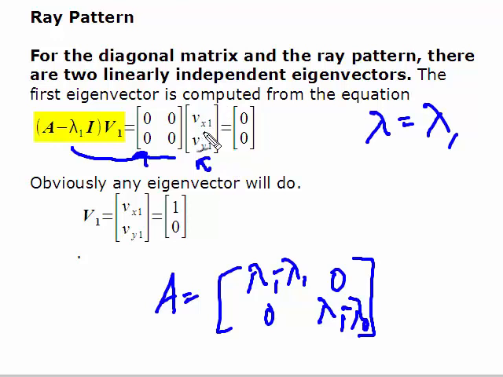Well, you could put anything you want for vx1 and vy1, and you would still have 0 as a result. So we can have any eigenvector, and we'll pick a simple one, 1, 0, which is the same as the x-axis, so to speak.